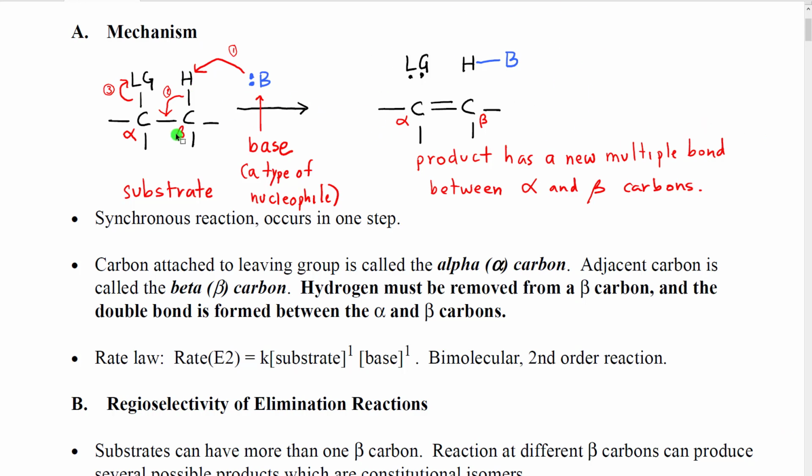The result of this, if you trace it out, is that now we will have a bond between the base and the hydrogen. We will have a second bond making a double bond between alpha and beta, and the leaving group will be detached with a pair of electrons on it. Now, this, like the SN2 reaction, is a synchronous reaction. It all occurs in one step.